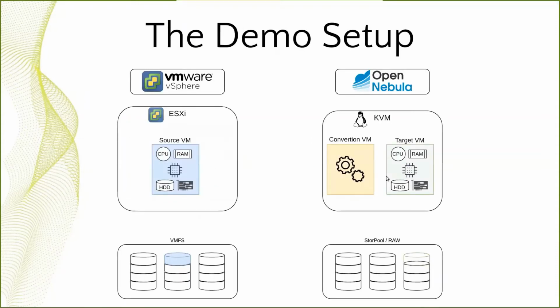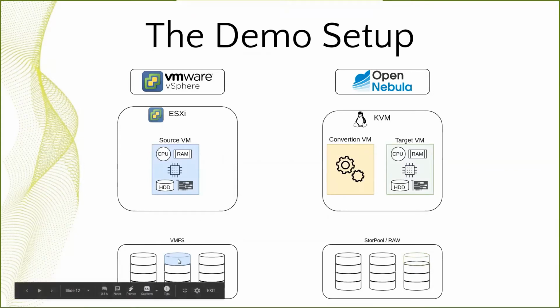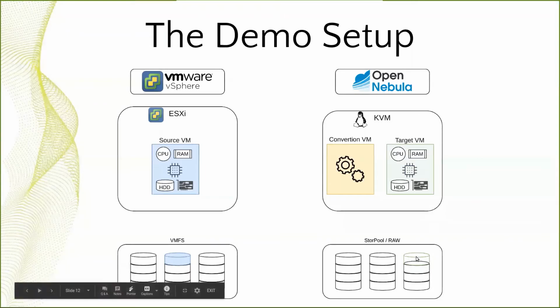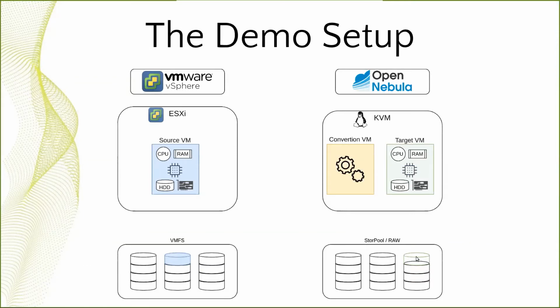So this is the demo setup. Again, we have one ESXi hypervisor with one virtual machine running Windows here. Its disk image is in the VMFS data store. There is a KVM hypervisor with a target virtual machine that will use shared storage for the disk images.